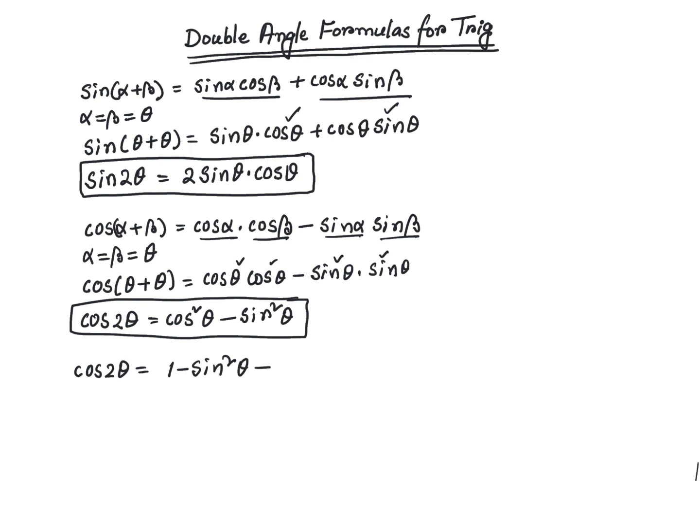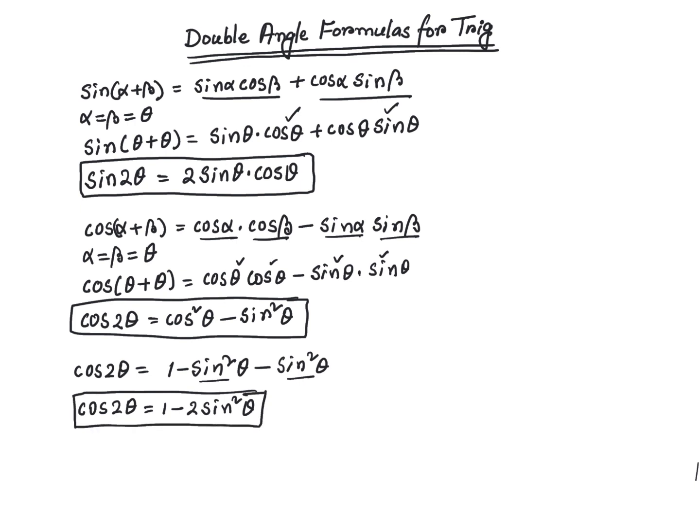Then you have another sine square of theta. So that gives me cosine of 2 theta is equal to 1 minus sine square of theta minus sine square of theta, 2 of them, right? So 2 sine square of theta.